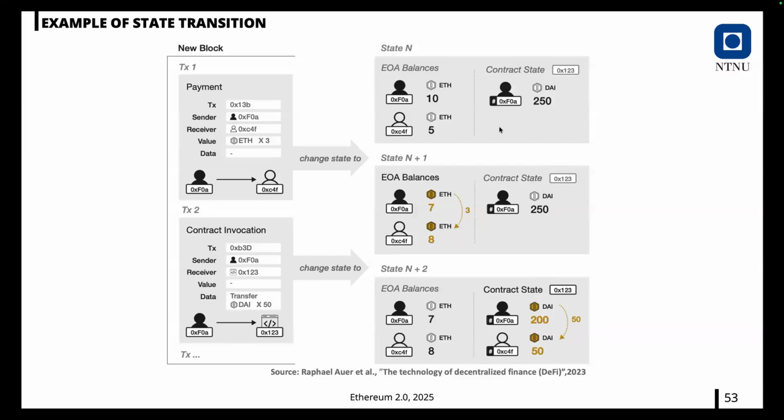The state of the DAI ownership is controlled by this contract. But because of this transaction, which changes the state of the contract, the ownership changed and now F0A has only 200 DAI, but C4F has 50, right? It is not visible here because this transaction calls a method which makes this transfer, right?